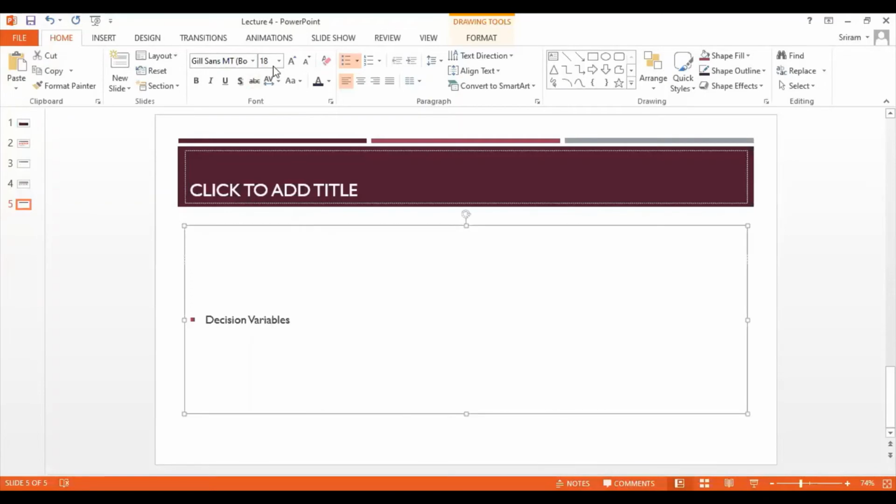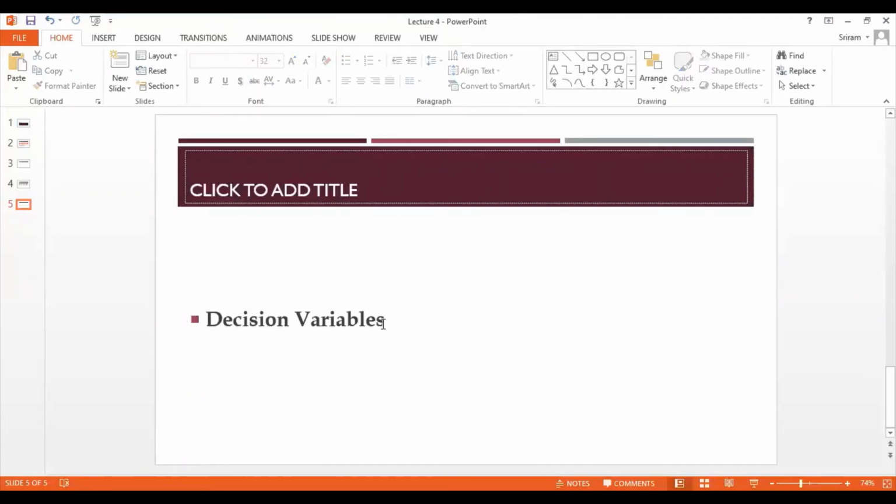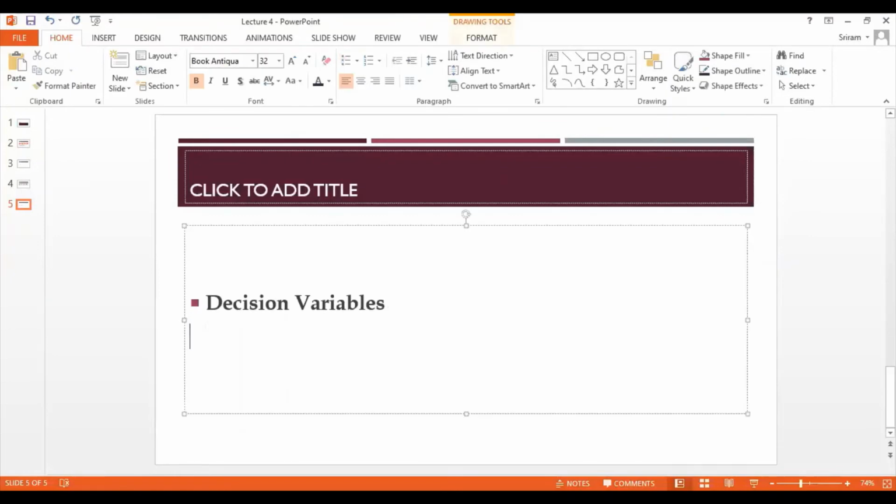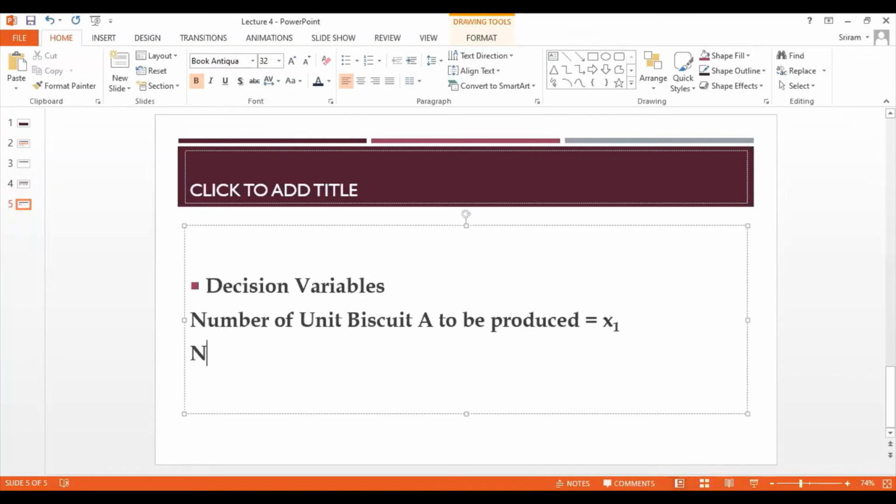We are having two decision variables, one for biscuit A and another for biscuit B. The number of units of biscuit A to be produced, I am going to take as X1, and the number of units of biscuit B to be produced, I am going to take as X2.